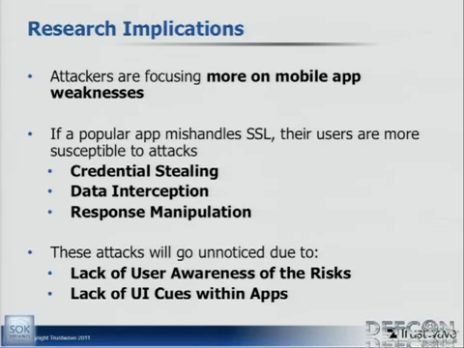But the other thing to think about is these types of attacks will go unnoticed, specifically if there's a lack of user awareness. Users aren't aware, even when they see error messages. If they just click through them, that's a problem as well. And then, of course, the lack of UI cues within the apps compound that. So, like we talked about earlier, if the SSL fails and it fails silently, the users are just basically blindly submitting their data through the networks and being intercepted by attackers.